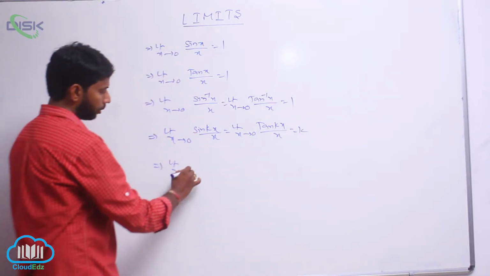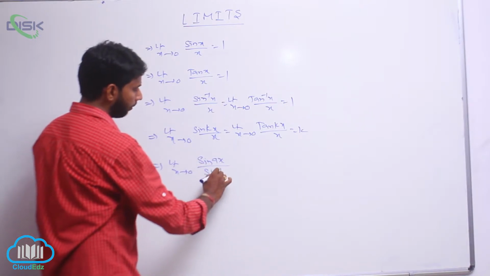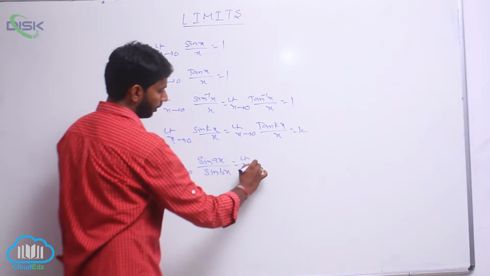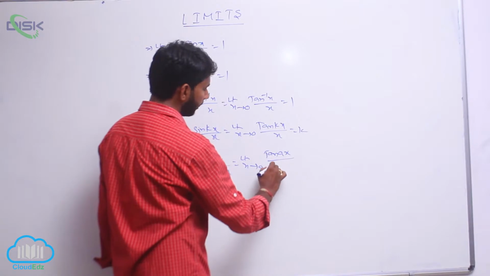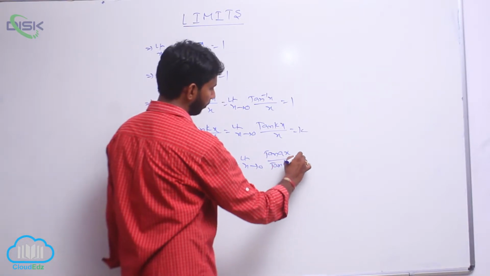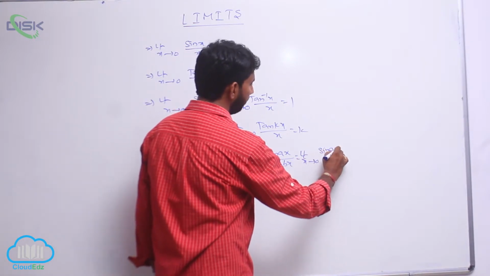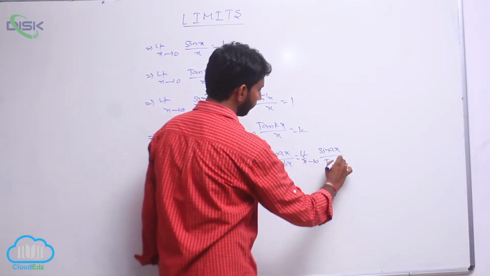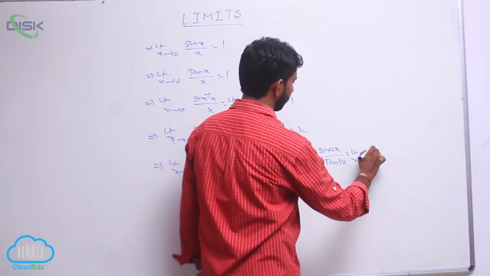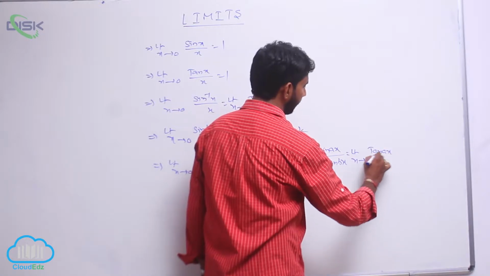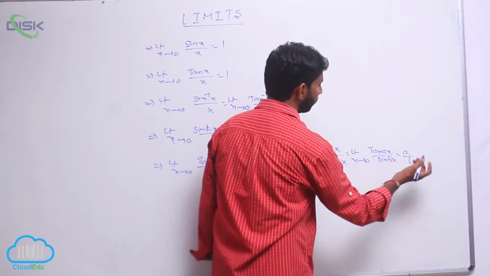And limit as x tends to 0, sin ax by sin bx equals, limit as x tends to 0, tan ax by tan bx equals, limit as x tends to 0, sin ax by tan bx equals, limit as x tends to 0, tan ax by sin bx equals a by b.